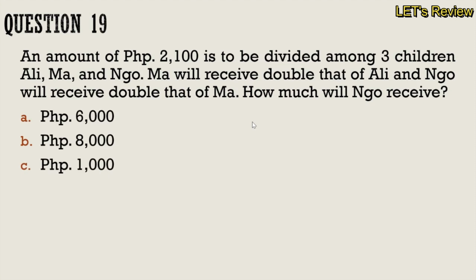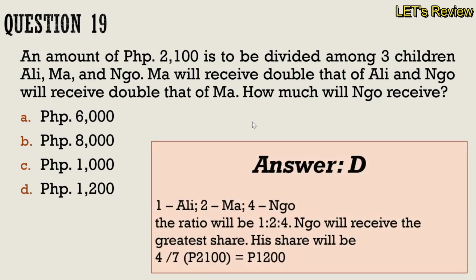C. 1,000 pesos. D. 1,200 pesos. The answer is D. The ratio will be 1:2:4. So Ngo will receive the greatest share. His share will be 4/7 times 2,100 pesos. That is equal to 1,200 pesos.